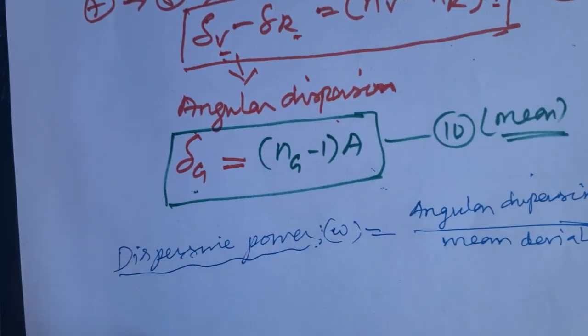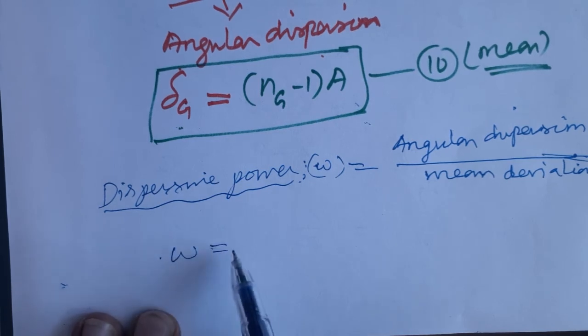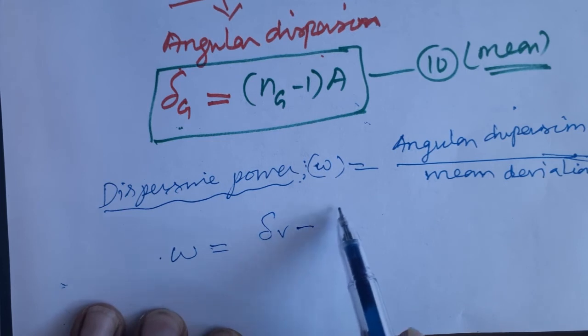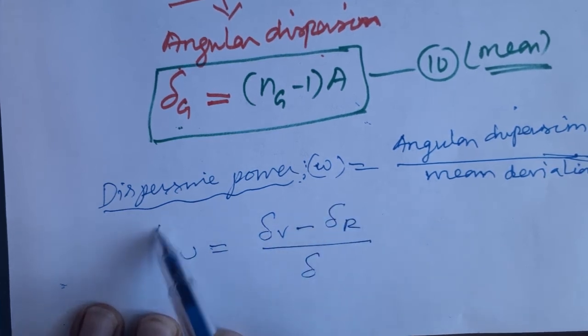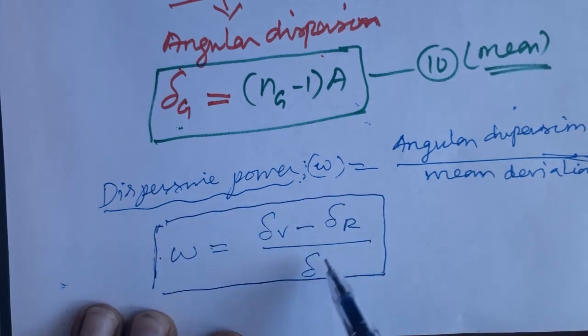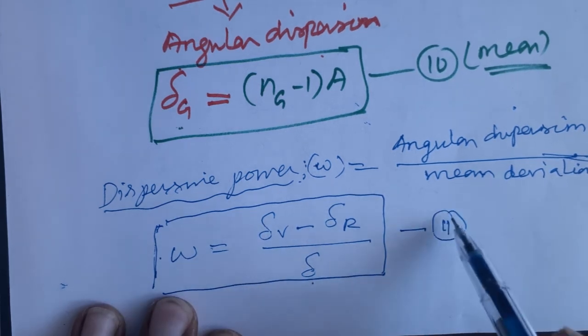Omega equals delta V minus delta R by delta. In terms of deviation, it is angular dispersion by mean deviation. This is another equation, take it as equation number 11.